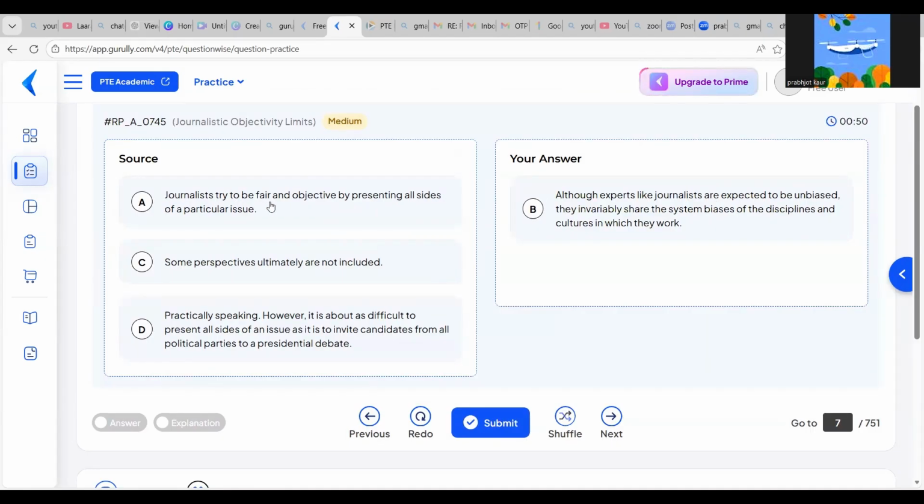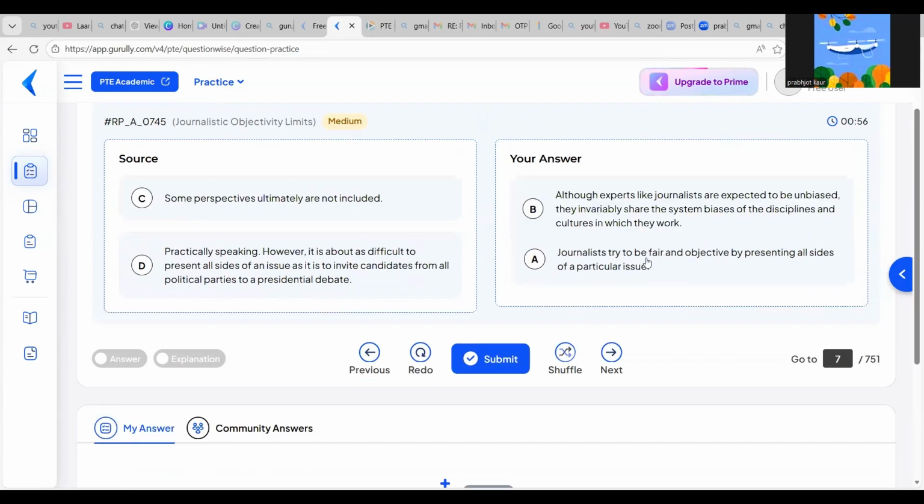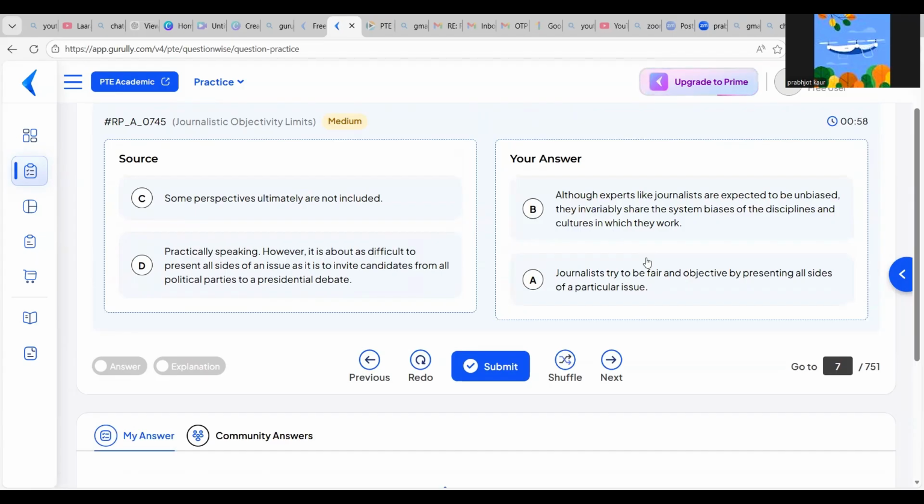Journalists try to be fair and objective by representing all sides of a particular issue, and some perspectives ultimately are not included.